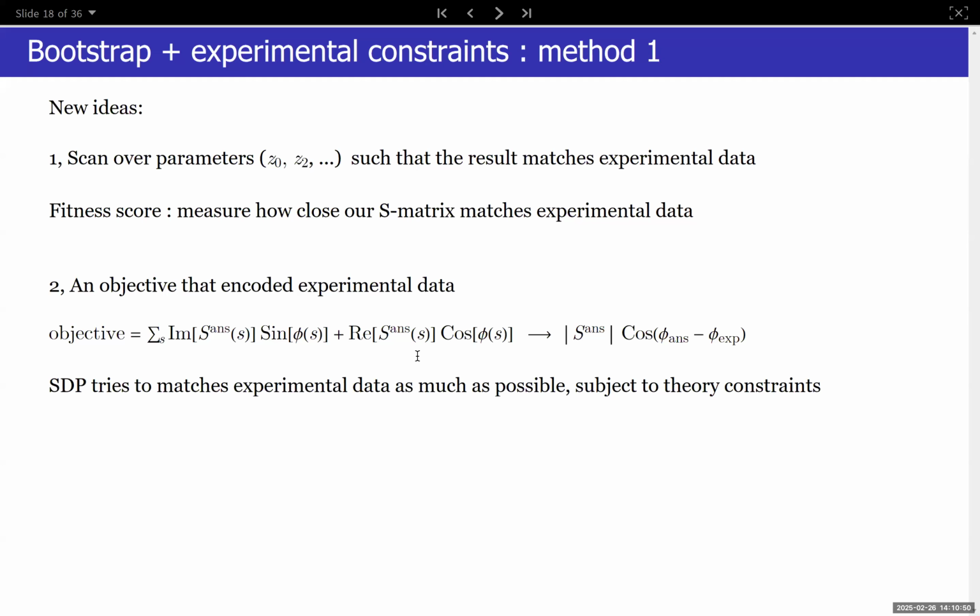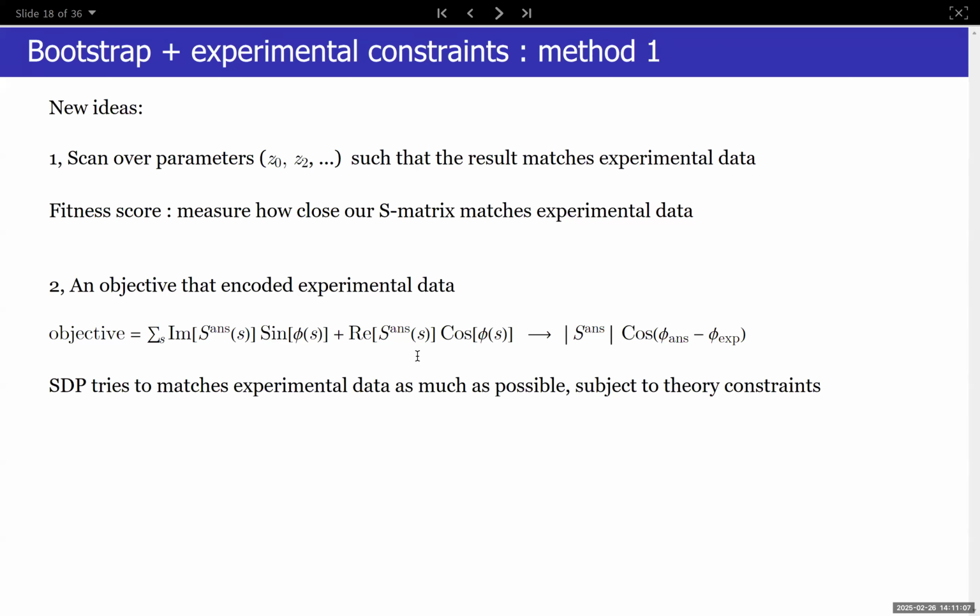Actually, we can also encode the experimental data into the objective of the semi-definite program. The basic idea is, let's consider this expression.